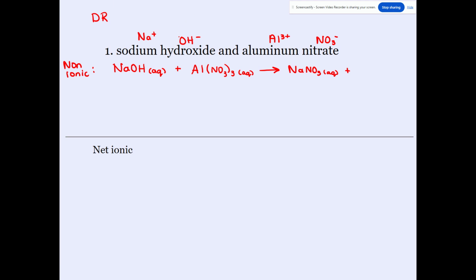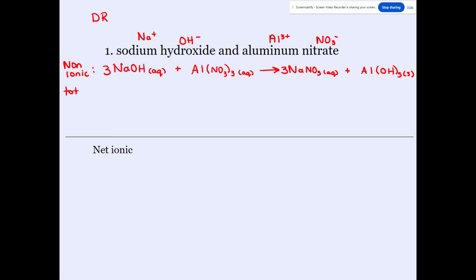My aluminum is going to bond to my hydroxide, but my aluminum has a 3 plus, so I need 3 hydroxides. Remember, when you need multiples of a polyatomic ion, you put it in brackets. And that compound is insoluble. Balancing this reaction, I need 3 hydroxides and 3 nitrates, and that's balanced.